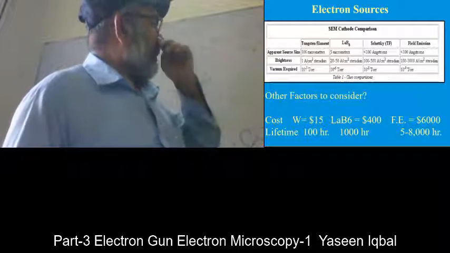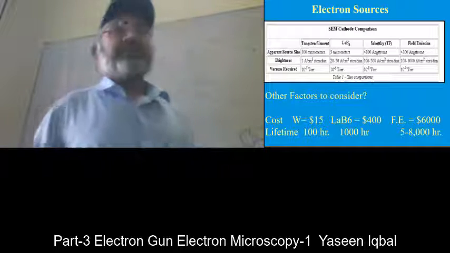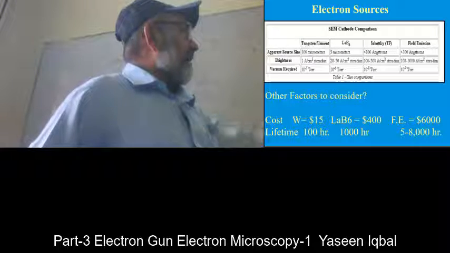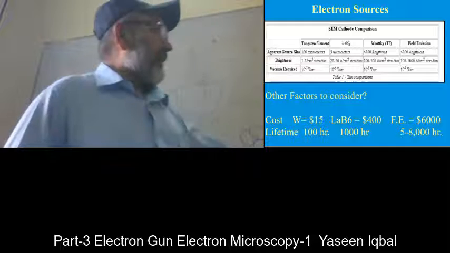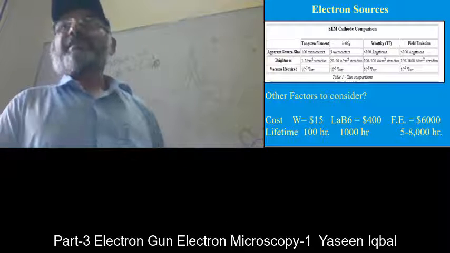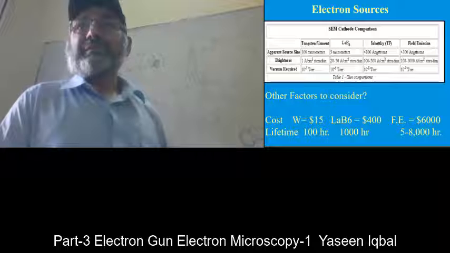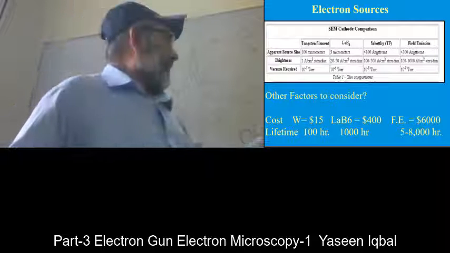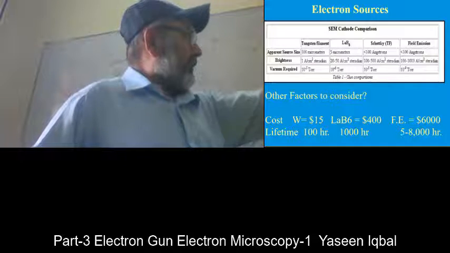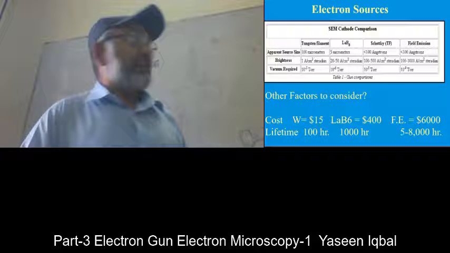Other factors. Cost of tungsten filament is $15. LaB6 is $400. And field emission gun is $6,000. Right? So lifetime 100 hours, 1,000 hours, 5 to 8,000 hours.